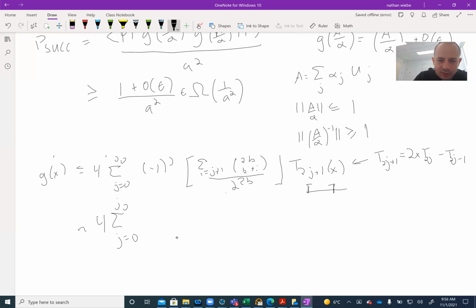Worst case scenario, this is going to go like 2 to the j multiplied by the sum over i equals j plus 1 of b over b plus i divided by 2 to the b. Okay, this is an ordinary binomial sum.